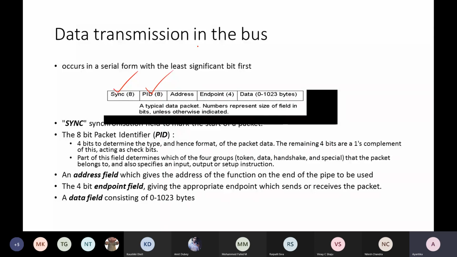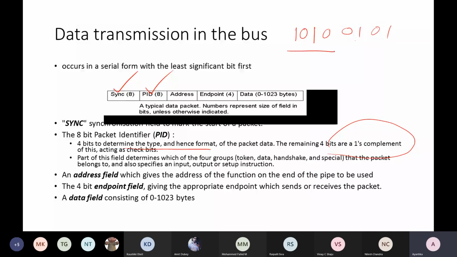The first 4 bits contain some information; we will talk about that. And the next 4 bits are just the complement of those bits. This is basically one sort of error check. Maybe you are sending the value 1010, which means the next 4 bits are 0101.